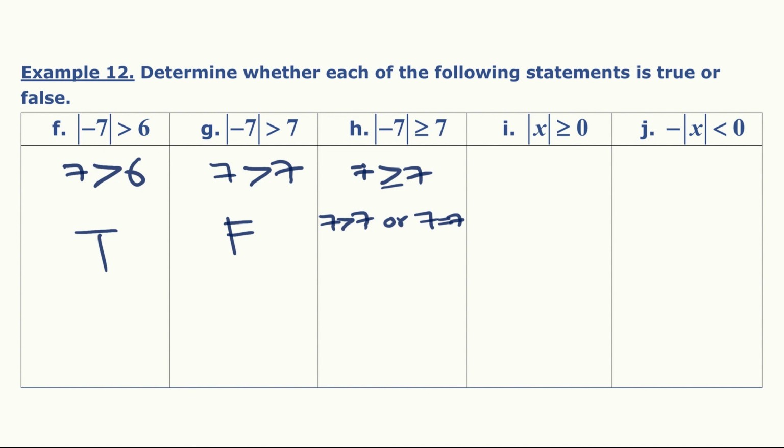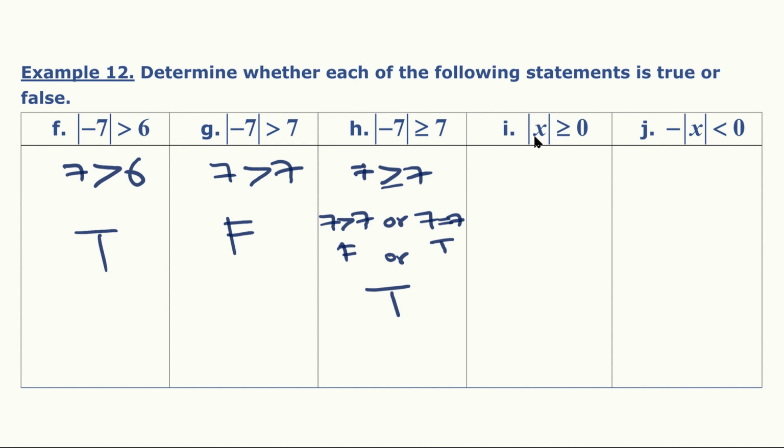That's what greater than or equal to means. Now, I know this is false, but I know this is true. And if you remember your truth tables for or, what happens here? As long as one of the statements is true, the or statement is going to be true. So therefore, this one is true.